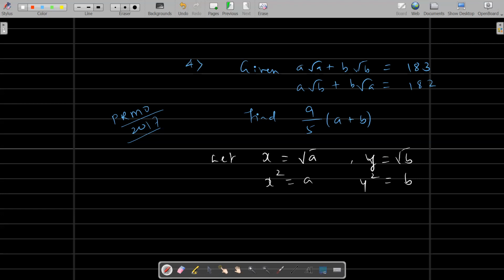So this first equation I can rewrite as x square into x, that is x cube, plus y square into y, that is y cube, is equal to 183. And the second equation we can rewrite as x square y plus xy square is equal to 182, right?